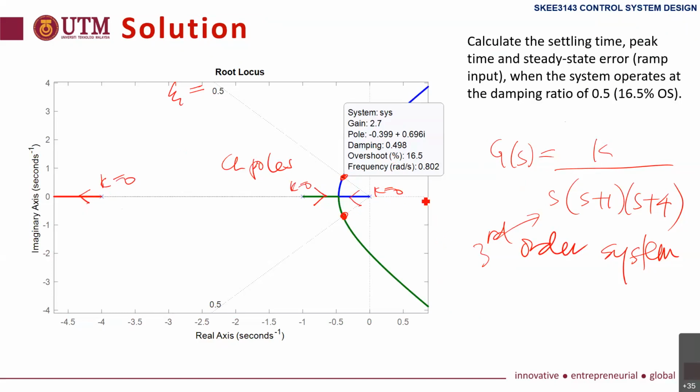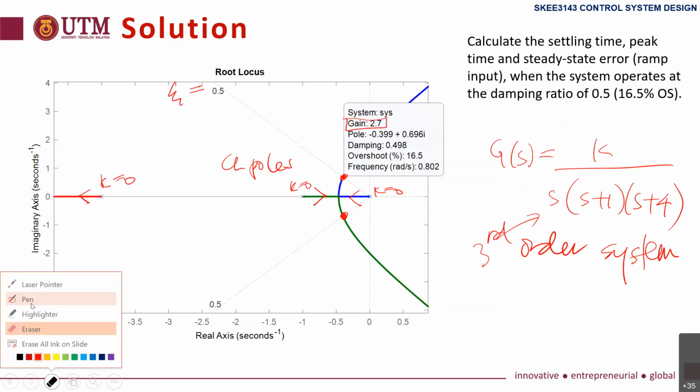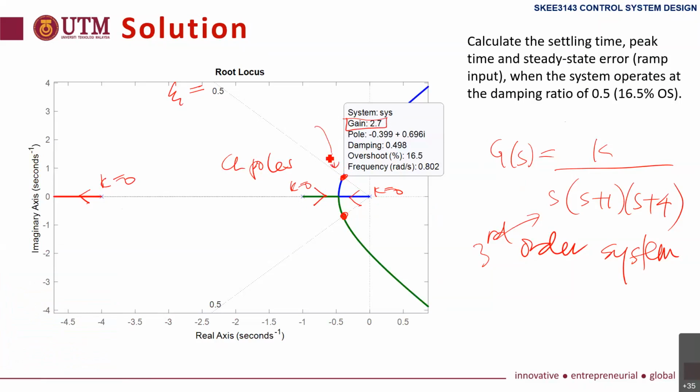So when K increases until here is the breakaway point, then increases again. At this point, K equal to 2.7. We calculate L1, L2, L3, multiply, then we get 2.7. Here also K is 2.7.